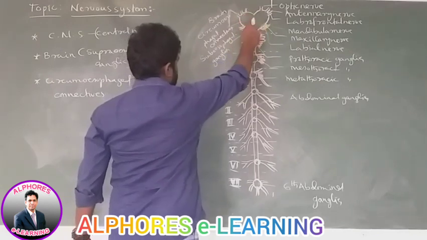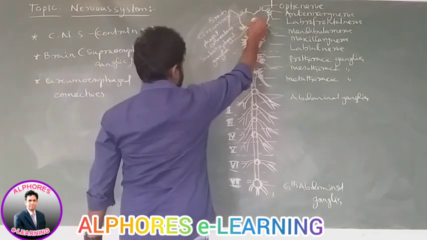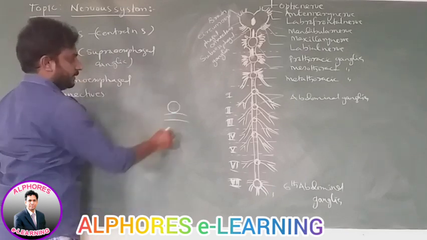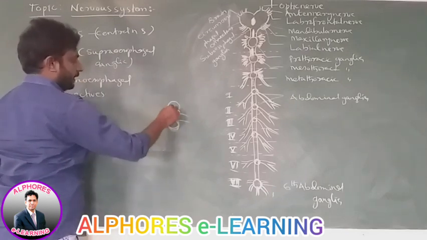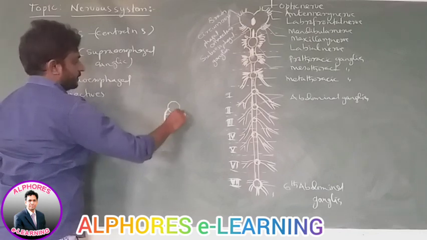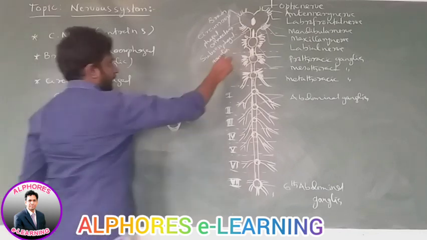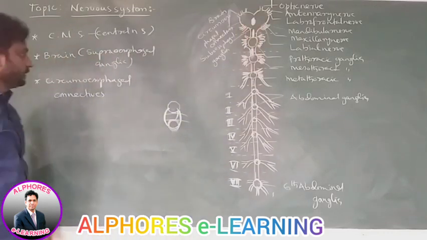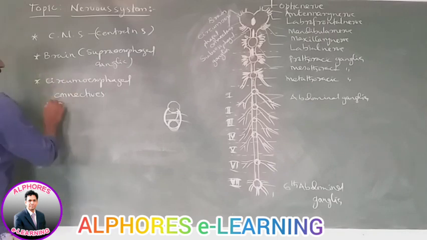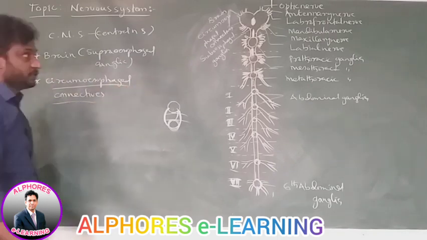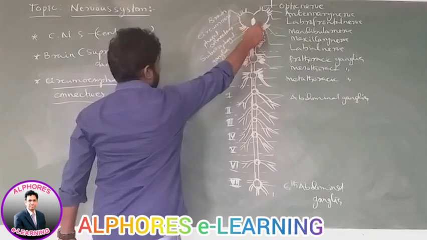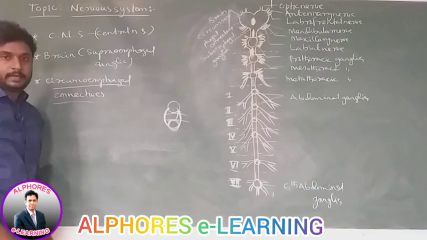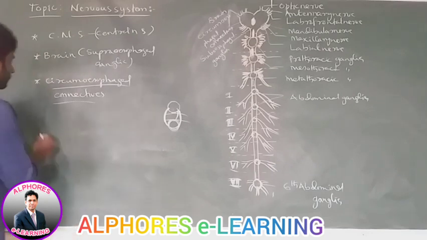In the center the esophagus is present; above it the brain is present, and below it the subesophageal ganglion. On both lateral sides of the esophagus, one pair of connectives is present. These two connectives are collectively called circumesophageal connectives.